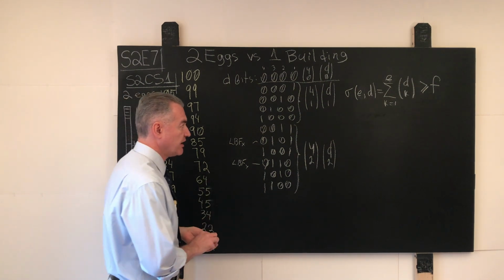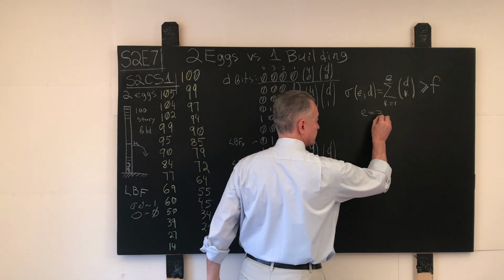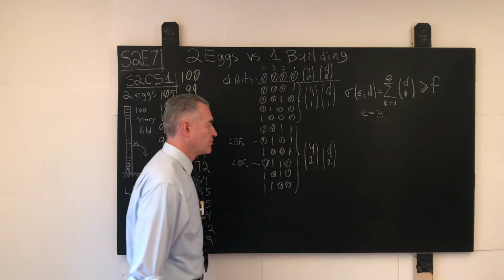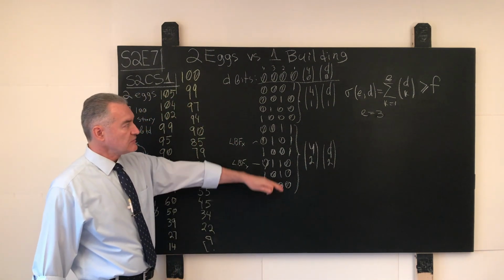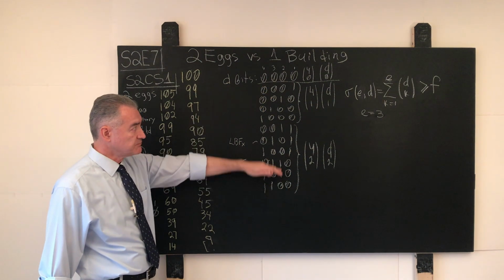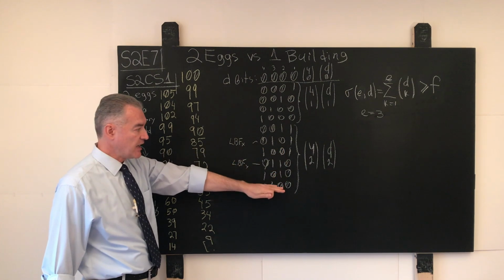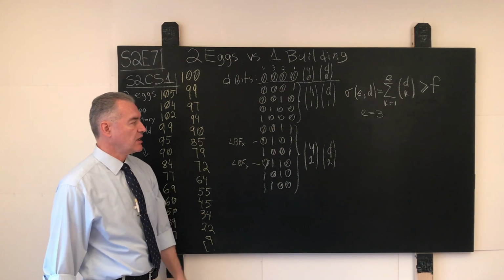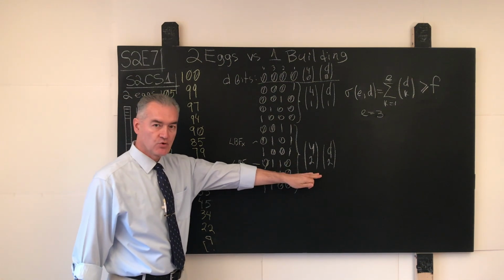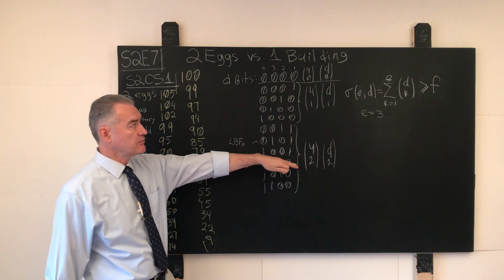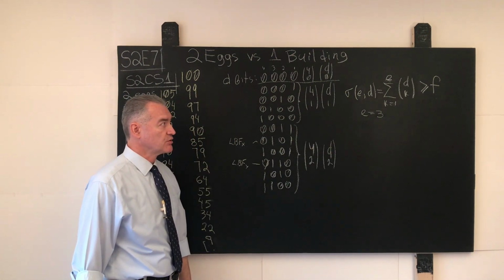And now we can attack the case when we have 3 eggs. When E equals 3, what can we do in this case? Well, the binary strings that capture the outcomes have certain patterns, and these patterns can be captured with the binomial coefficients, and that's how the binomial coefficients make it into the master formula shown above.